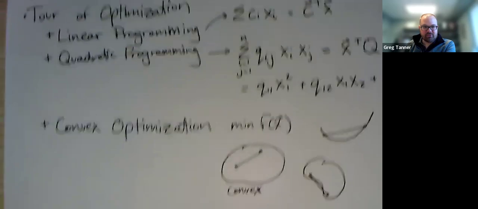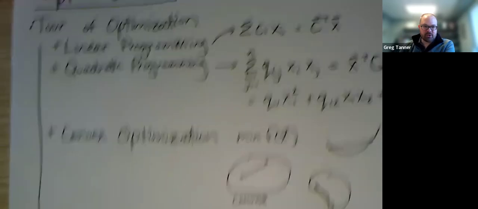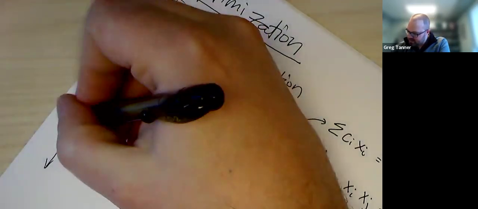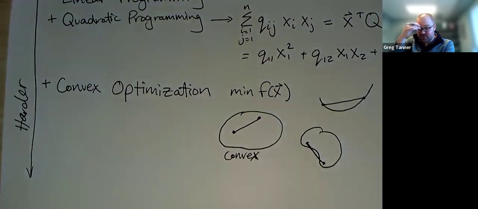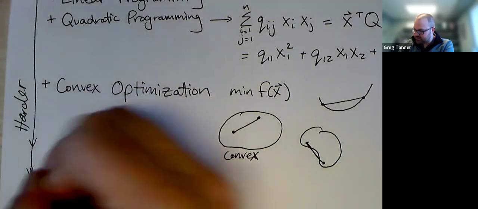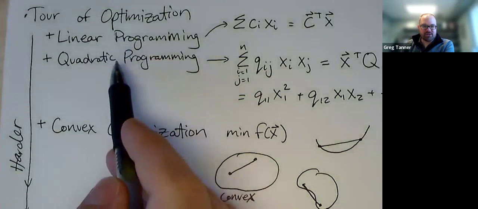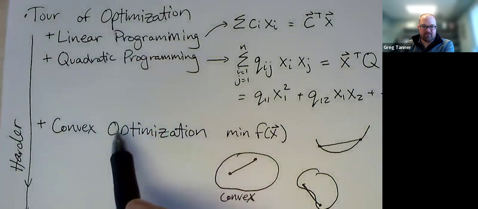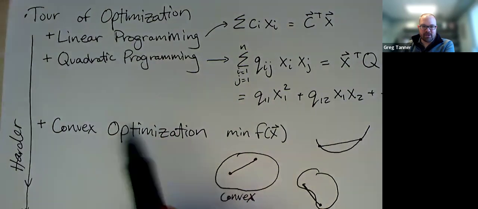Here, we've got an arrow in that as we go down this list, things are getting harder in general. There are always some special cases where things that seem like they should be hard end up having nice solutions. But in general, quadratic programming is harder than linear programming, and convex optimization is harder than quadratic optimization.